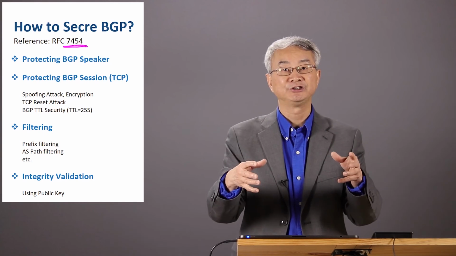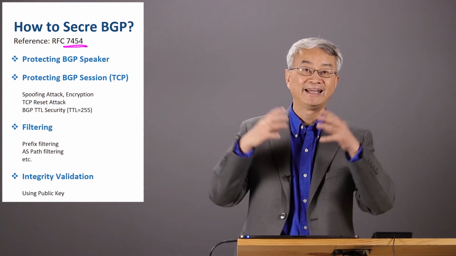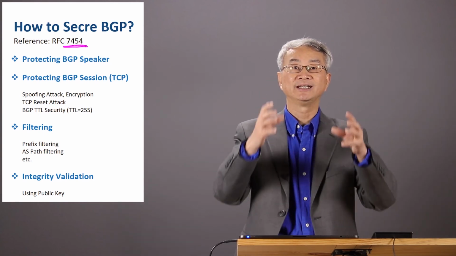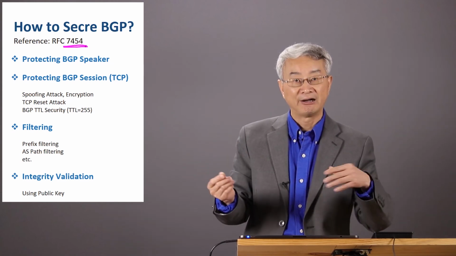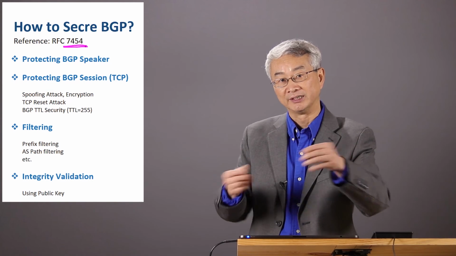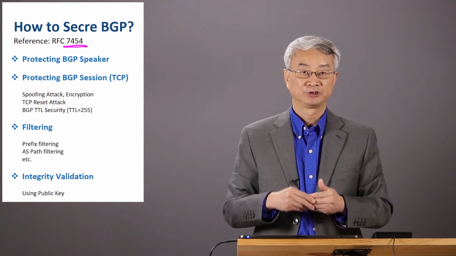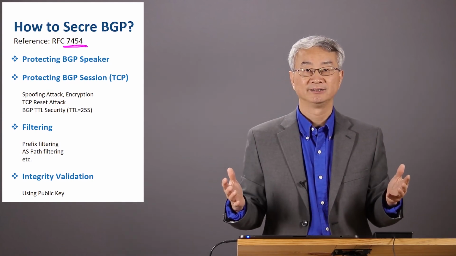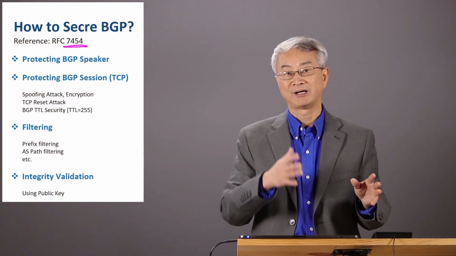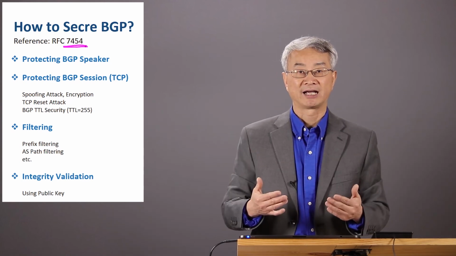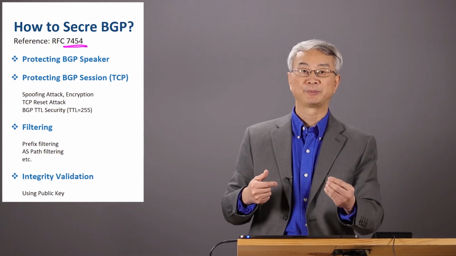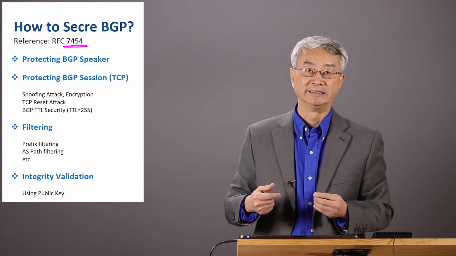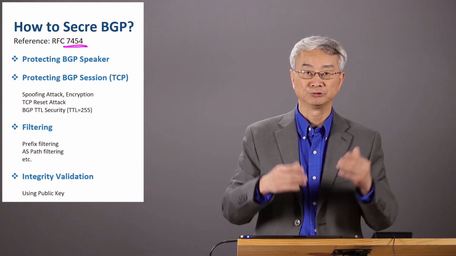That aggregation is going to cause a problem, because when they aggregate, they create a network prefix which is not owned by anybody. So how can you verify the integrity of this announcement? The situation is quite complicated, so I'm not going to talk too much about this solution. This is a very active research area, and you can look at some of the discussions and research papers to gain a better idea of the solution to this problem.